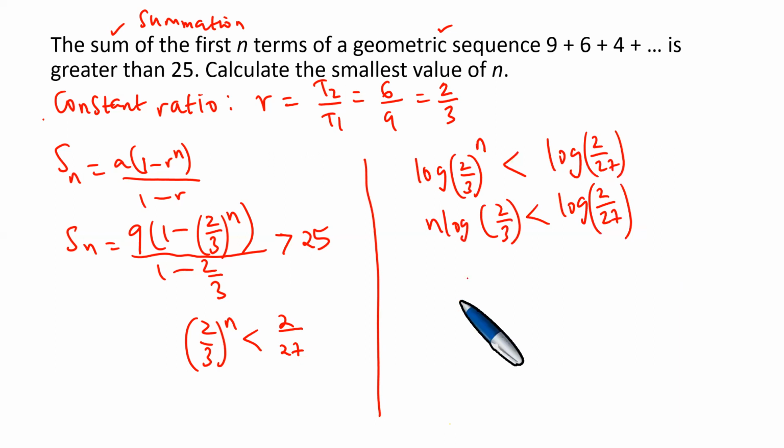So now we need to make n the subject of the equation. So we divide both sides. You have the log of 2/3, and then you have the log of 2 out of 27.